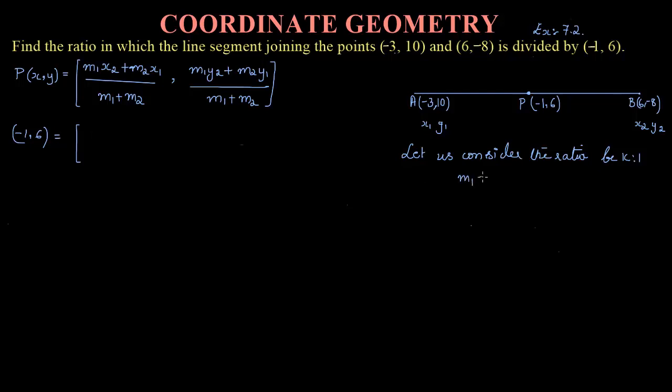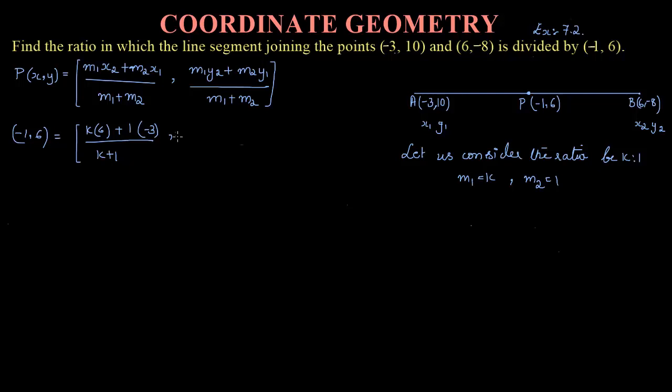So same thing, we'll just write it over there. M1 is equal to k and M2 is equal to 1, right? So here let me just substitute k into x2. x2 is what? 6, right? Then plus M2, M2 is 1, into x1, which is -3, divided by M1 plus M2, that is nothing but k plus 1.